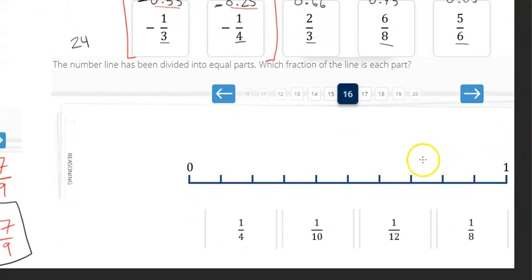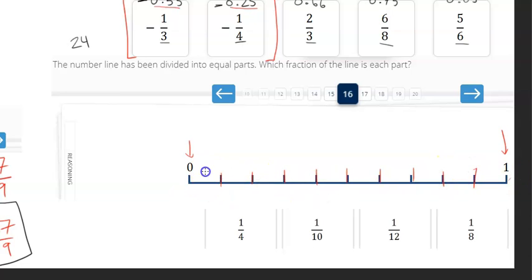This question here has a number line that's been divided into equal parts, and we have to find out which fraction of the line is each part. So we're going to venture from 0 all the way to 1. In this case, we're just going to count up how many parts there are. 1, 2, 3, 4, 5, 6, 7, 8, 9, 10.